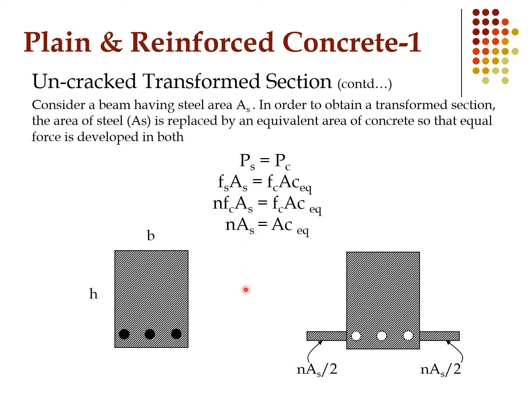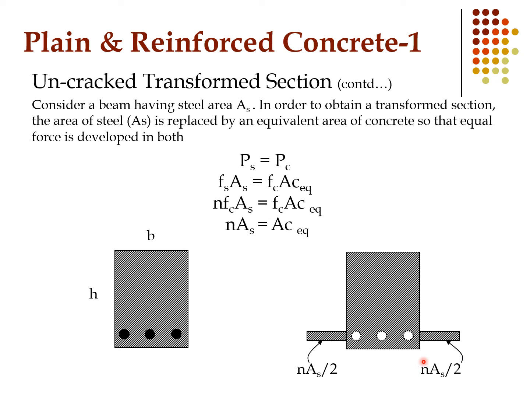So in case of a transformed section, instead of the steel reinforcement, we will produce an equivalent transformed section which considers the equivalent area of concrete. So half of n times As, that is n As divided by 2, half of the area on one side and half of the area on the other side we will provide.